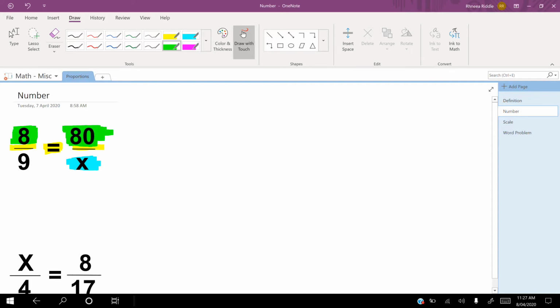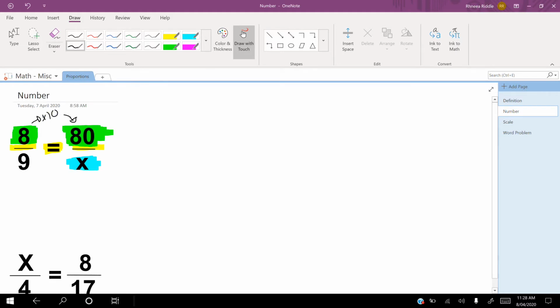So we ask ourselves, what do we do to 8 to get to 80? And we're not looking at addition or subtraction, we're looking at multiplication or division. So we can multiply 8 by some number to get 80, or do we divide 8 by some number to get 80? Well, by looking at it, we can tell that 80 is bigger than 8. So we're going to have to multiply 8 by something. And if we remember our multiplication facts, we know that 8 times 10 is going to give us 80.